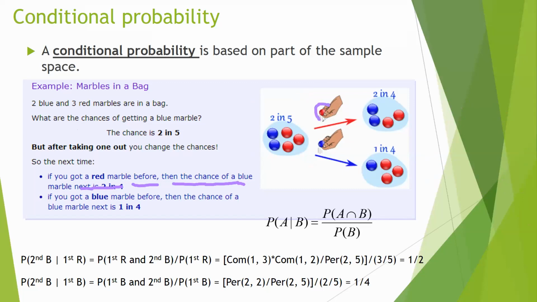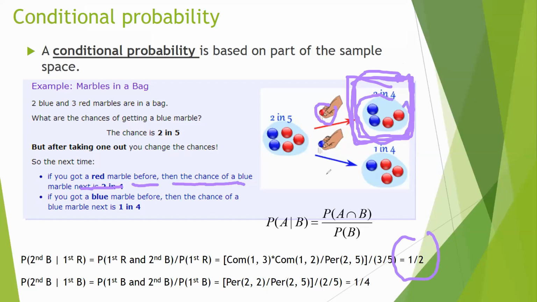Given you already got a red out of the bag, you have a newly defined sample space, not the original sample space. It's a sub-sample space, so you need to reevaluate your probability. What is the probability that the next one is blue? In this case, it's 1/2, right?